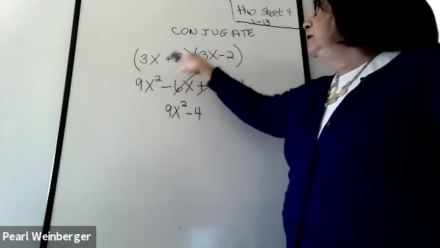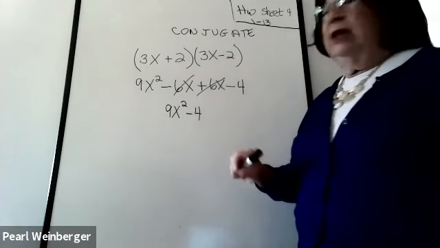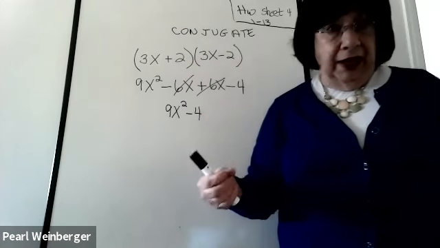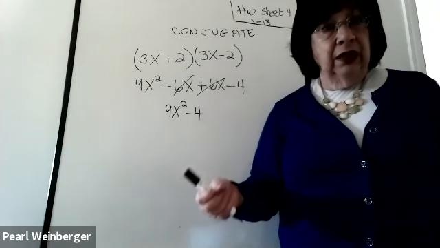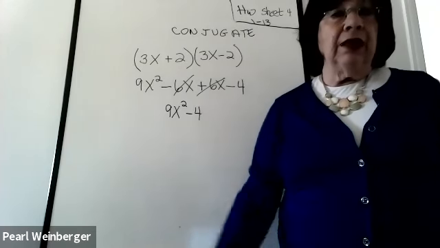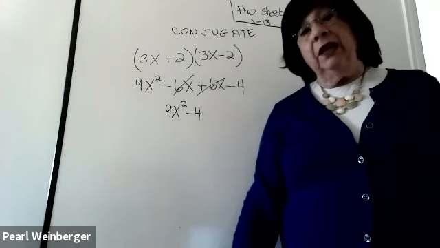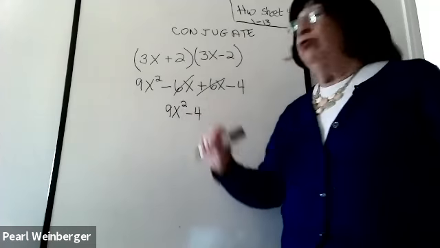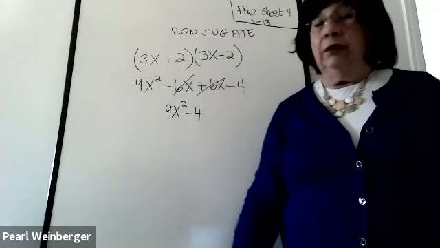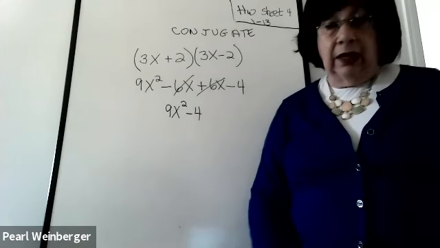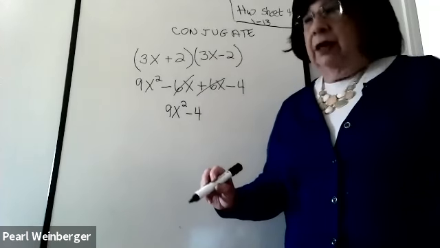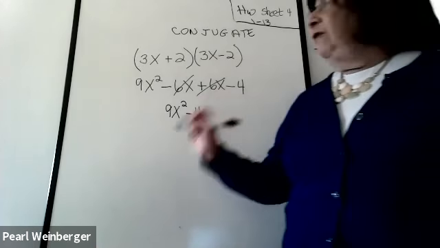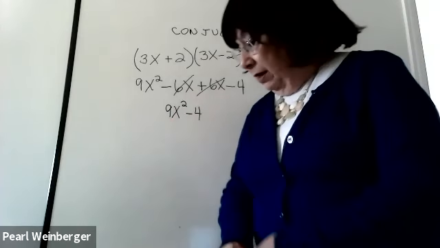And the last, the plus 2 times the minus 2 is negative 4. So if you recognize that what you have are conjugate binomials, then you can save yourself time in the multiplication because you don't have to do the inner and the outer. They're going to cancel each other out in any case. Okay. What if I had given you something like this?